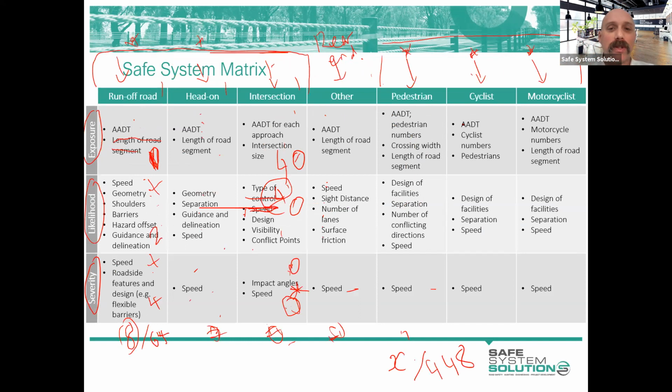Your pedestrian score is going to end up being a 4 still. And if there's hardly any vehicles to strike these pedestrians, then your likelihood score might be a 0.5.